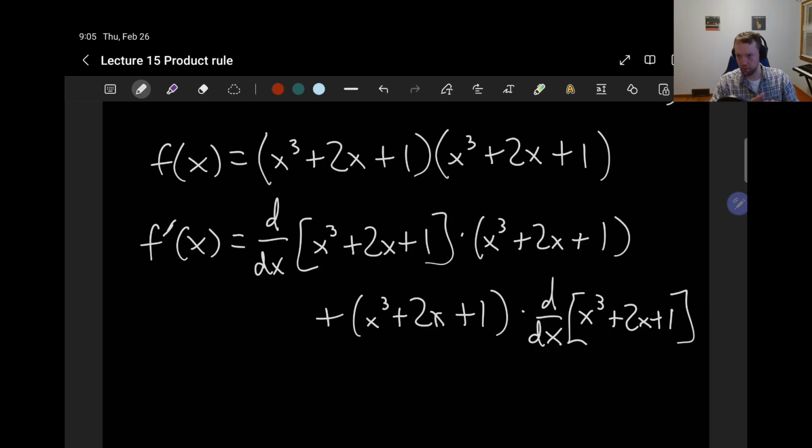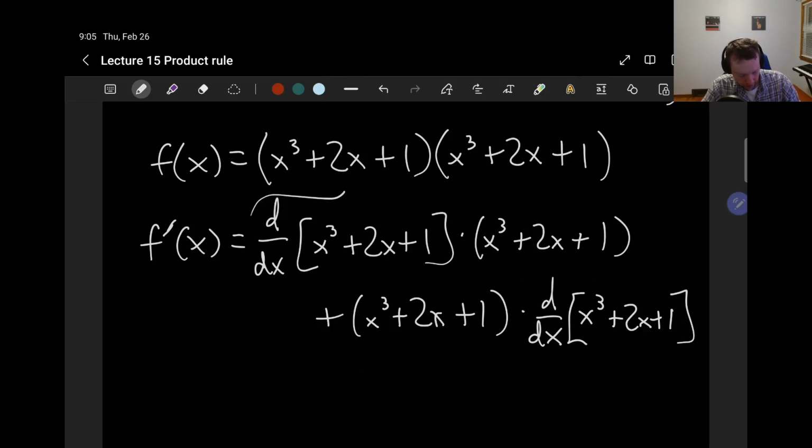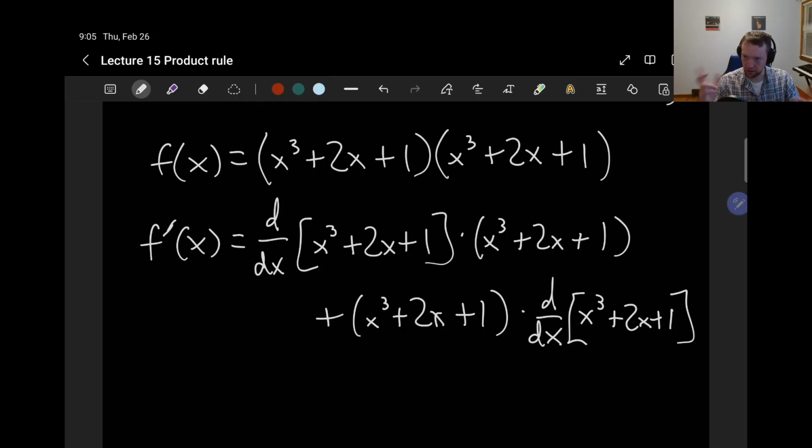So notice, because we were squaring this cubic polynomial, notice that these are actually the same thing, right? This term and this term. They're products just written in the reverse order, but when you're multiplying, that order doesn't really matter so much. It's the same thing.